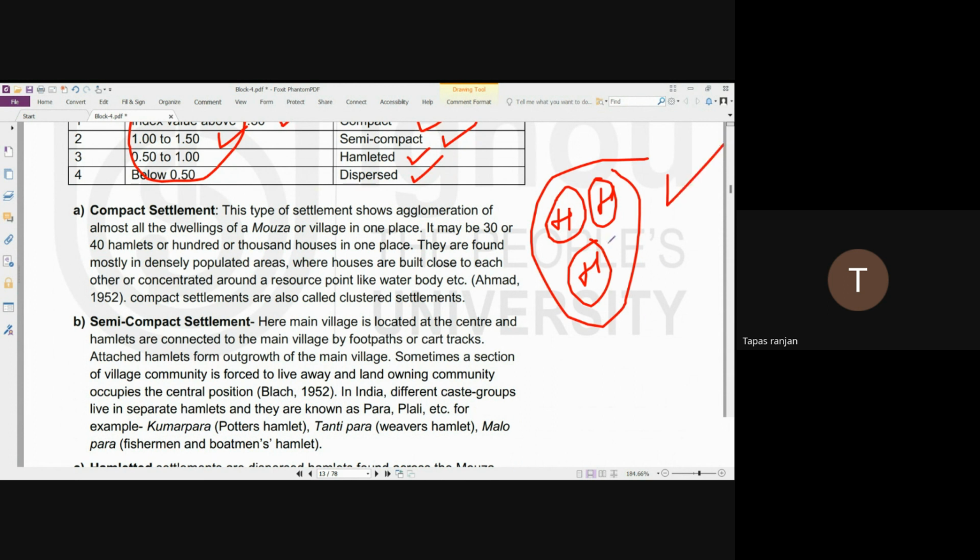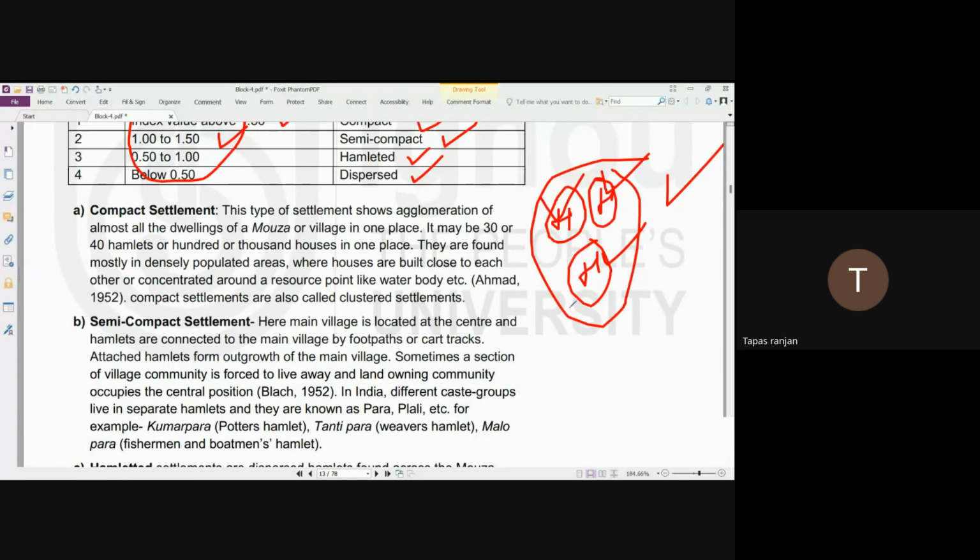And mark my words, if the distance between these hamlets is big, then you can simply consider this as nucleated settlement or compact settlement.